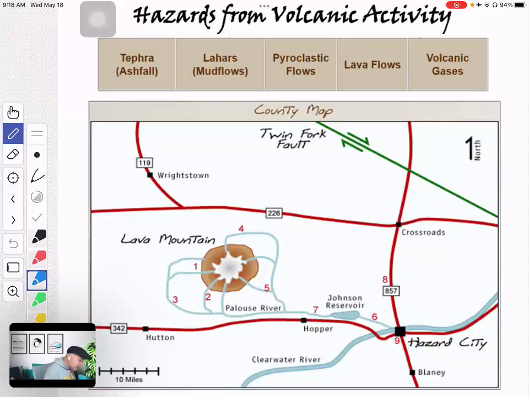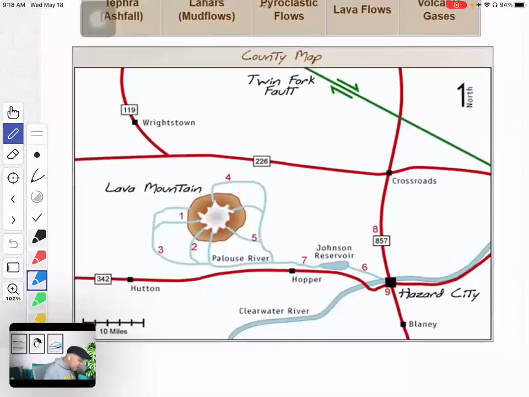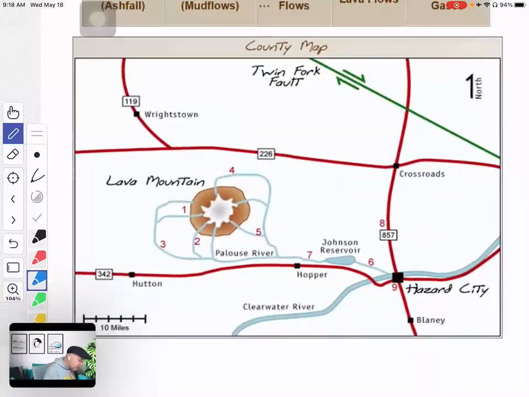We have here a fictitious location, a county map that has a major city, that's Hazard City right over here, and a few smaller communities around, towns in the county. Those are Blaney over here, Crossroads, Hopper, Hutton, and Wrightstown.